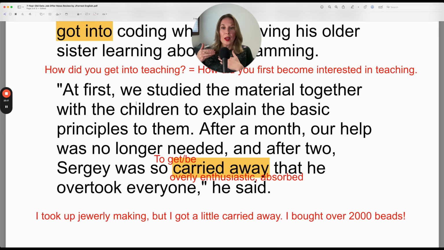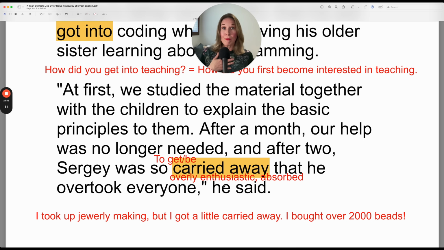So if you get carried away with learning phrasal verbs, instead of studying for 1 hour, you might study for 12 hours, but then neglect all your other responsibilities because you got so carried away. So it's actually a negative thing. It means too enthusiastic or too absorbed, where all your interest, attention, time, energy goes into this one thing.